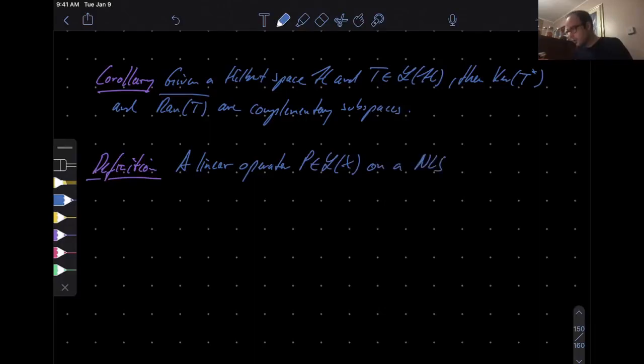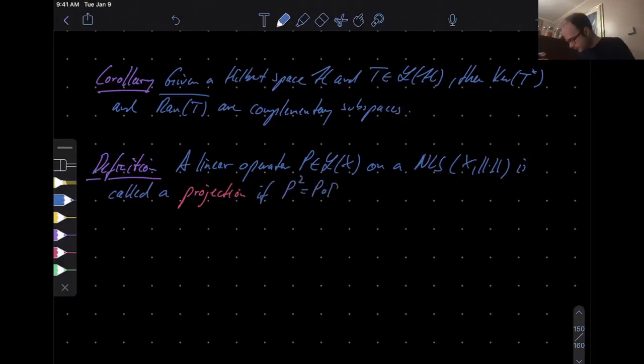And this we can do on a general normed linear space. We say P is called a projection if you apply P twice, so you compose P with itself, then you're not going to gain any new information because it's just going to be P itself.